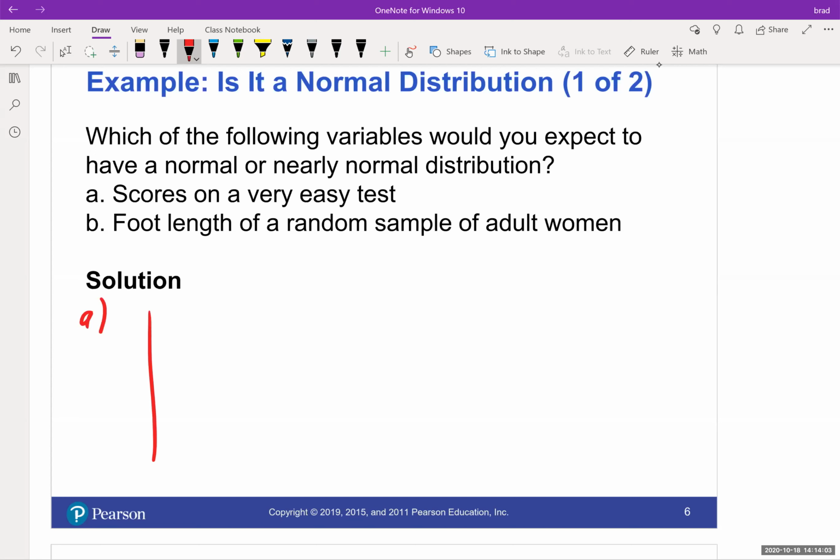So you could have something like this, right? So you could have a curve that goes like this, or something like that. But again, it's not going to be symmetric with just as many people doing poorly as people that did well, because if it's a very easy exam, that means the majority of people are going to score very high, and there won't be a lot away from that center value of the high scores.